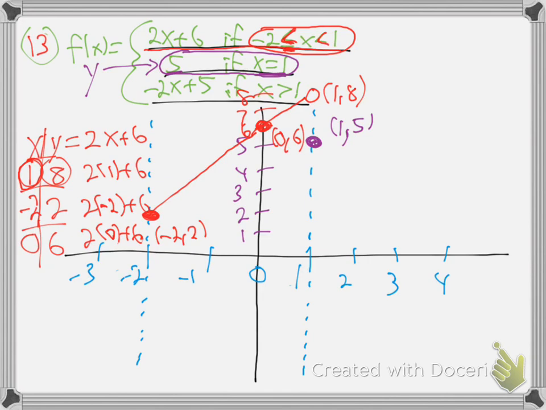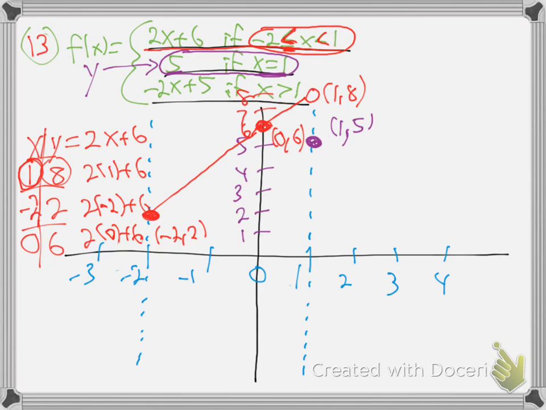So in the table, everybody seeing what we're saying? You're supposed to plug into the 2x plus 6 function for any x values between -2 and 1. So I made my table and I did x values. See how -2, 1, and 0, those are all x's between -2 and +1. 0 is between -2 and +1, isn't it?